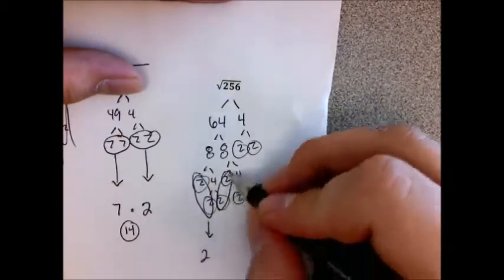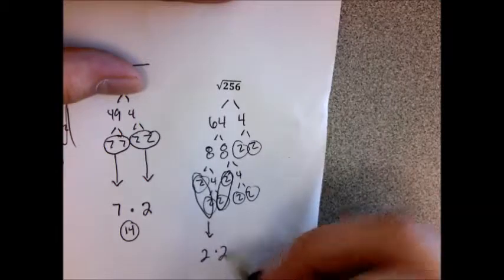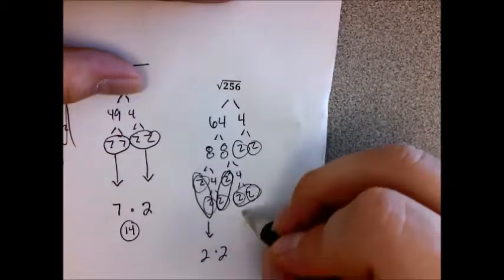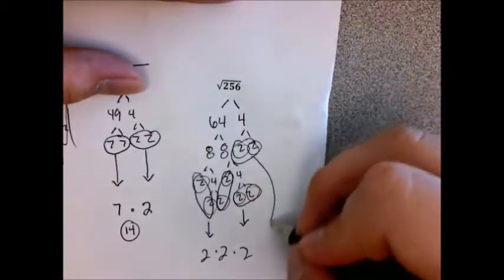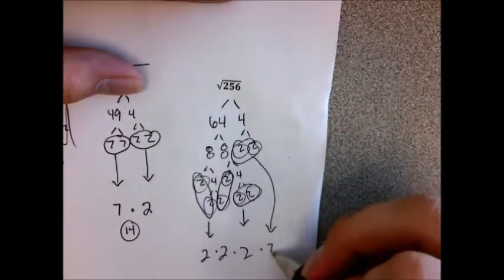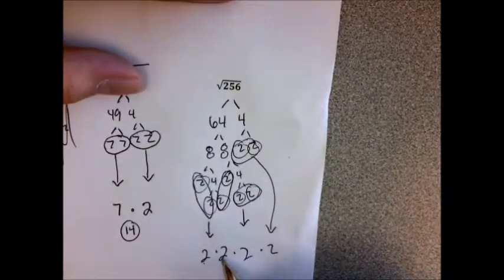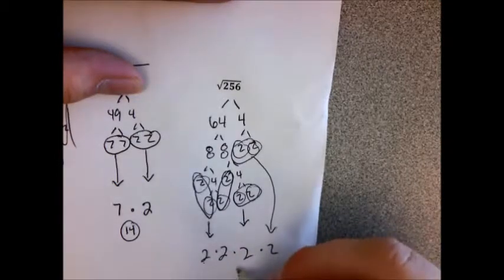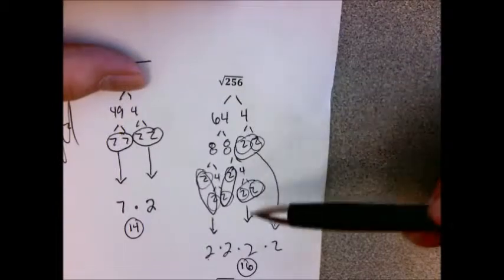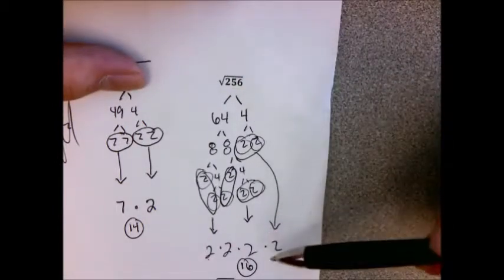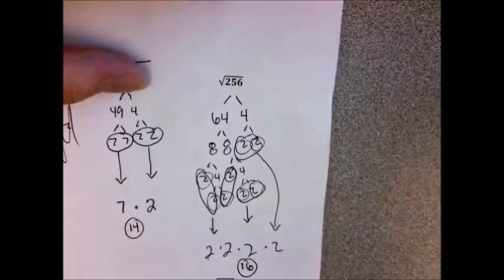Here's a second pair. Here's a third pair. And here's a fourth pair. So if we take 2 times 2 times 2 times 2, we should get 16. So technically this root, square root of 256, should be 16.